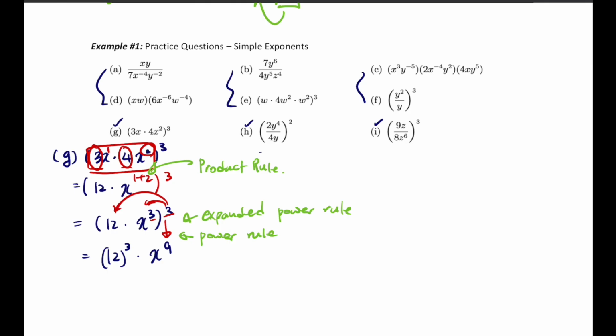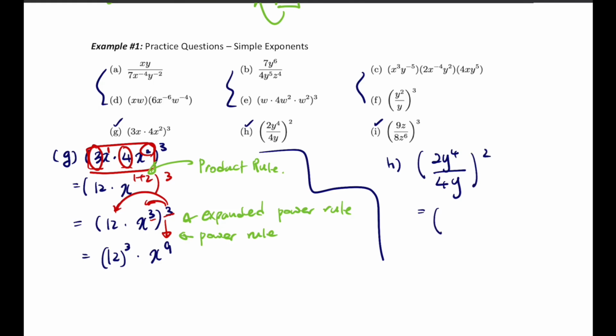Then let's try question H. For the H, I'm doing 2 times y to the power of 4 over 4y to the power of 2, all to the power of 2. We're first going to separate the numbers from the numerator and the denominator. The upper part is called the numerator, and the lower part is called the denominator.